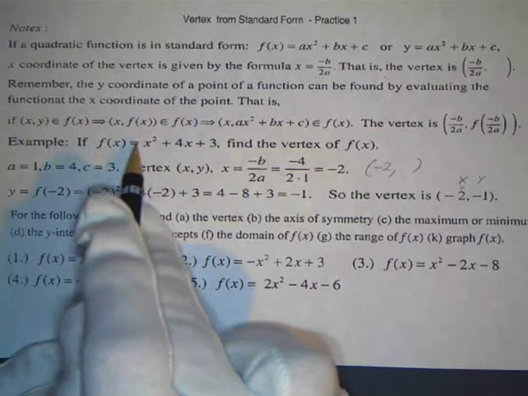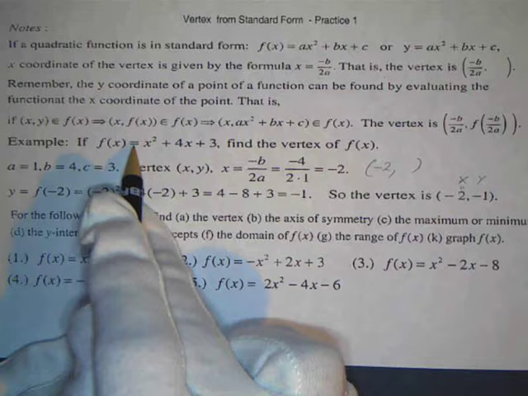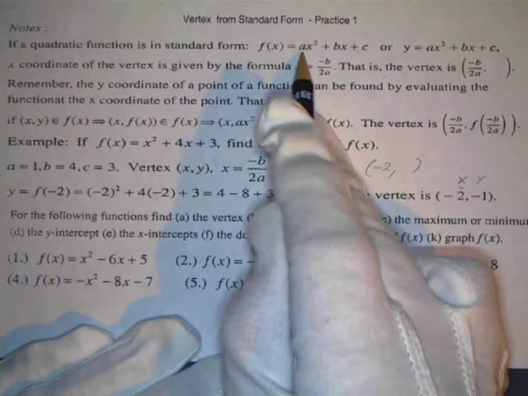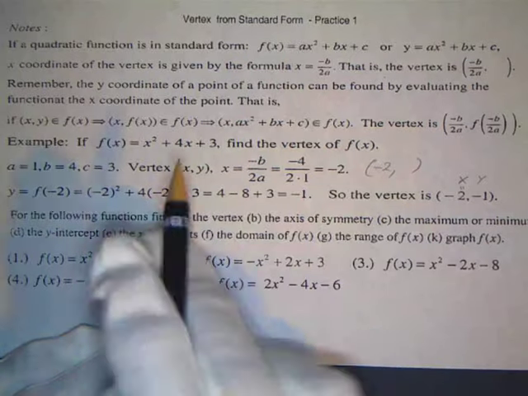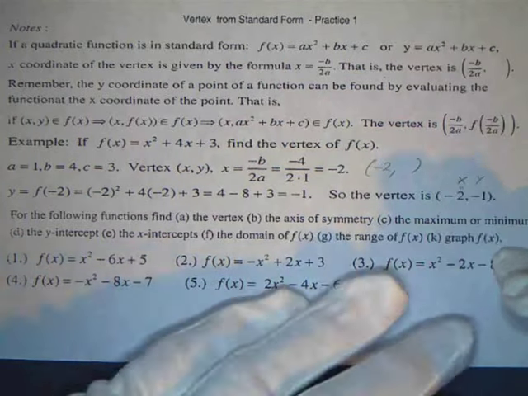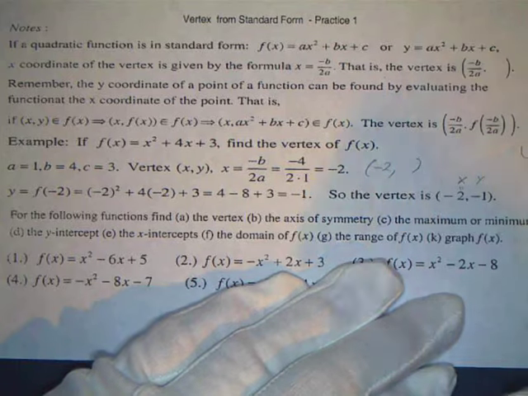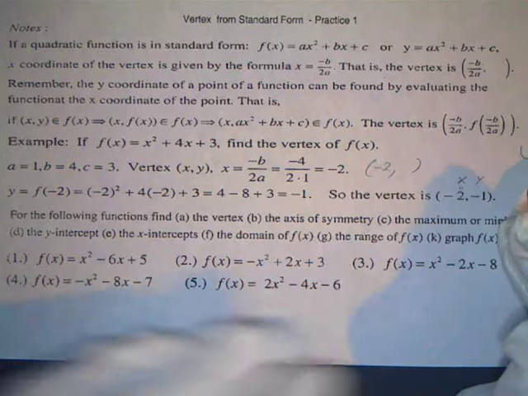Now, the maximum or minimum. Now, we just have to look at the first term. And remember, if the first term is the x squared term, or in this case, the a is positive, my parabola from our experience is shaped like a U. If it's shaped like a U, we have a minimum.